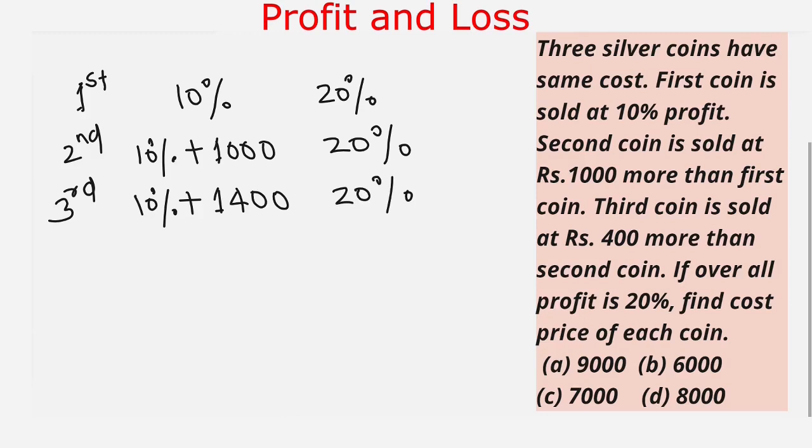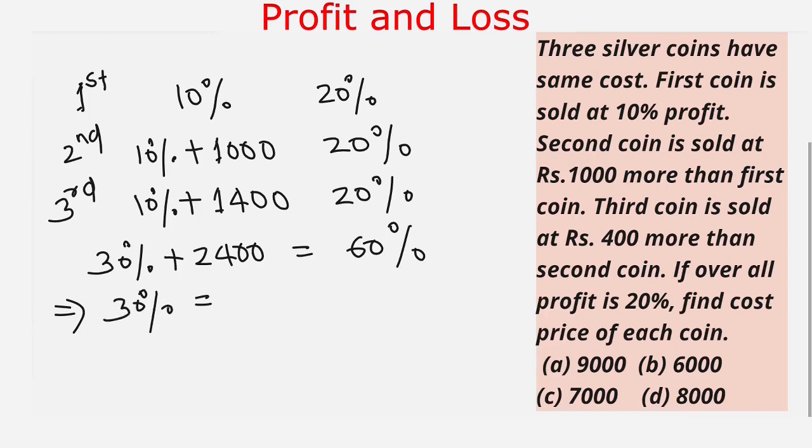Now if we add all these, then this is equal to 30% plus 2,400, and this is equivalent to overall 60%. This gives 30% plus 2,400 equal to 60%. If we subtract 30% from both sides, then we get 30% equal to 2,400. Therefore 100%? How to calculate fast?